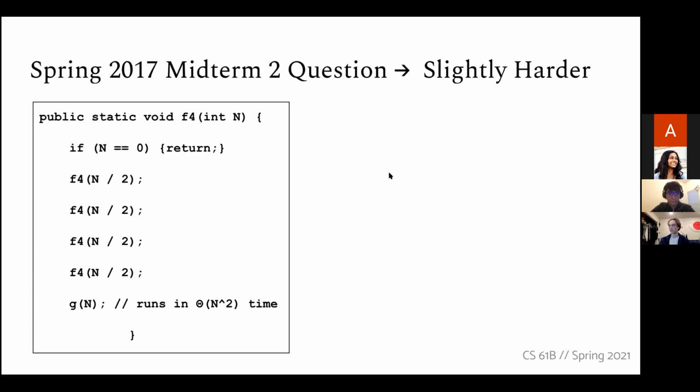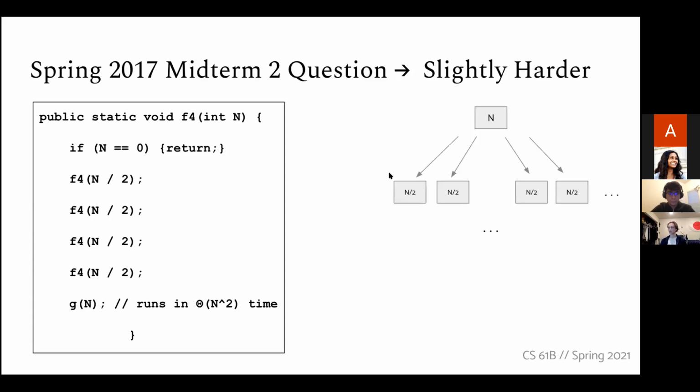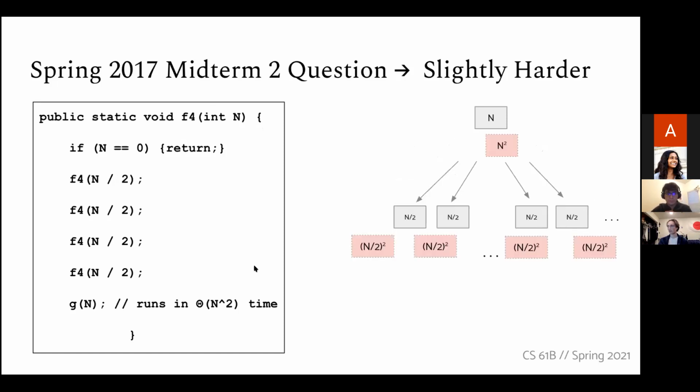So let's look at a recursive tree, starting with F4. We take in some input n, and we do 4 recursive calls of size n over 2. So our branching factor results in 4 new nodes being created.